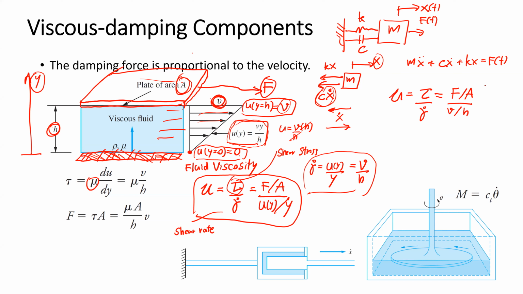So finally, if we want to relate the force to the velocity, what we have is F multiplied by the layer height divided by velocity and A. So when we need to relate the force to the velocity, it's going to be viscosity multiplied by A, divided by layer height, and multiplied by the velocity.